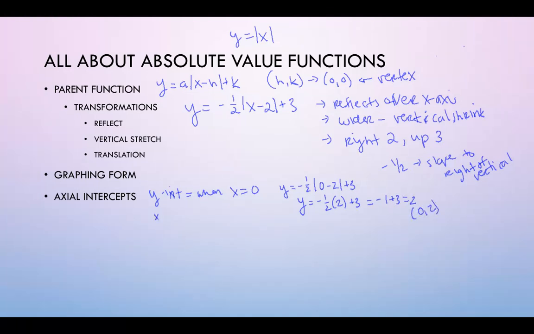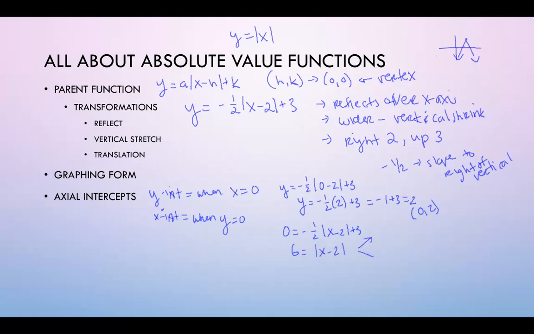For the x-intercept, it's good to picture the graph. We want to know what our algebra is telling us. Right, so, okay, this opened down, so it went right 2, up 3. Oh, there's going to be 2 x-intercepts. It is good to picture it, but we do want to know what our algebra tells us. So I'm going to set it equal to 0: negative 1/2 times the absolute value of x minus 2, plus 3, minus 3, times negative 2. So I'll get 6 equals the absolute value of x minus 2.